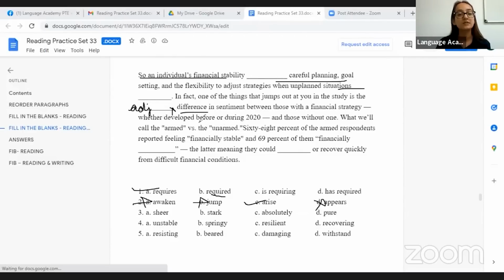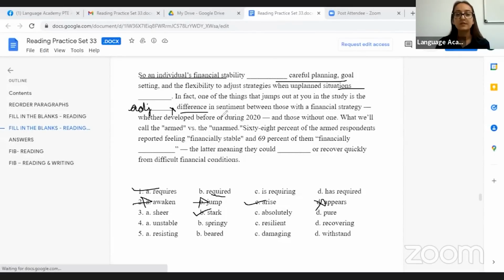But otherwise, this question was even easier because stark difference is a collocation. Stark difference means a very obvious difference, a very clear difference, a very contrasting difference. That means stark difference. Sheer difference is not a collocation.